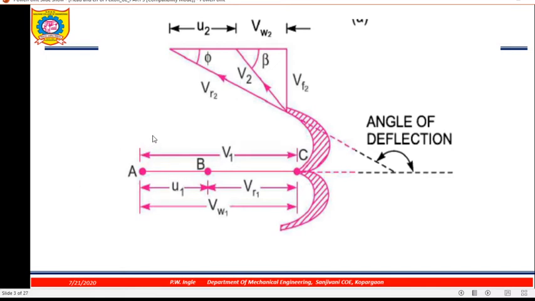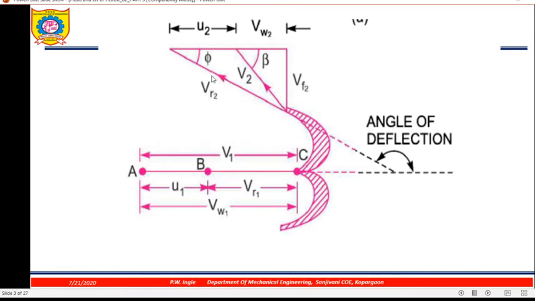Now the jet will strike here and it will flow over the surface and deflect like this. So the angle of deflection, this angle, is phi.